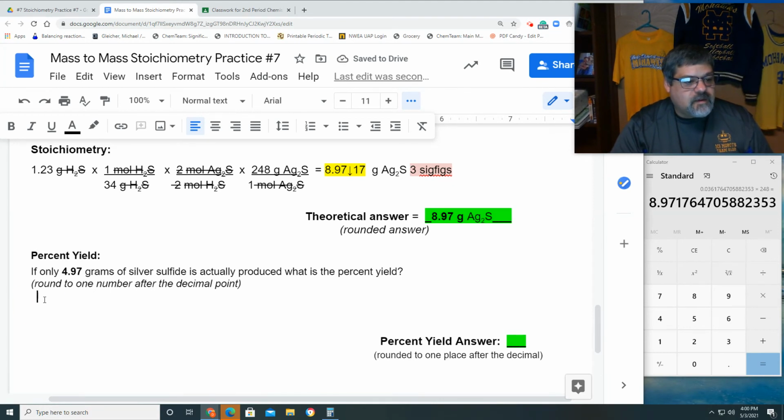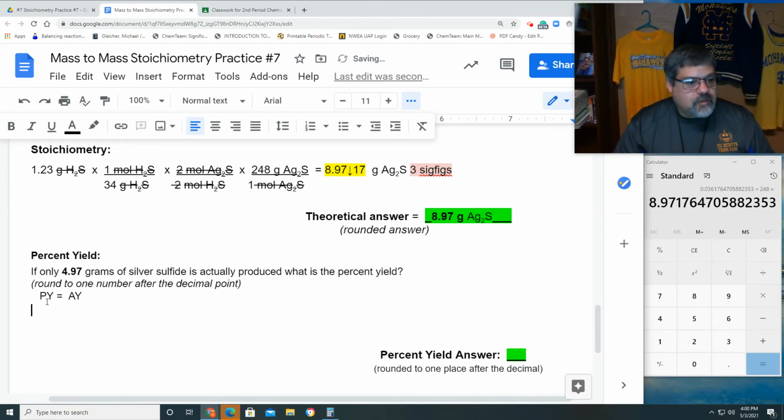Well, our percent yield equals our actual yield, and we're going to take that and divide it by our theoretical yield. Okay, we're just going to go ahead and underline that. Then we're going to multiply that by 100%, and we're going to get our answer.